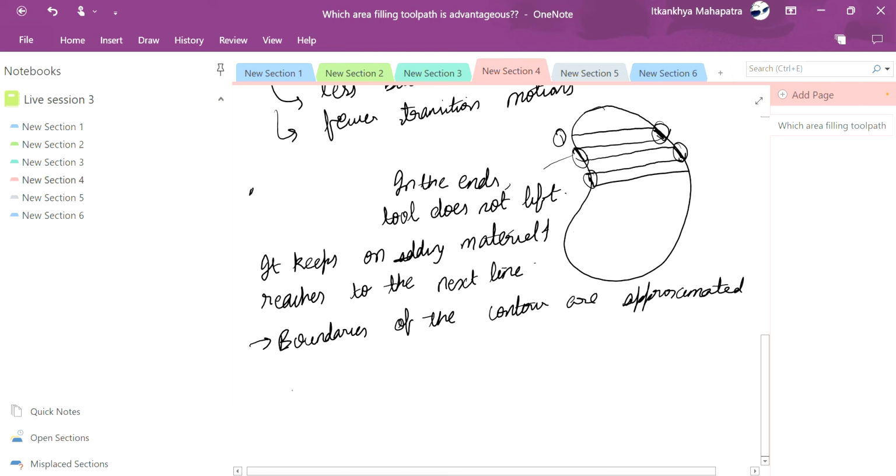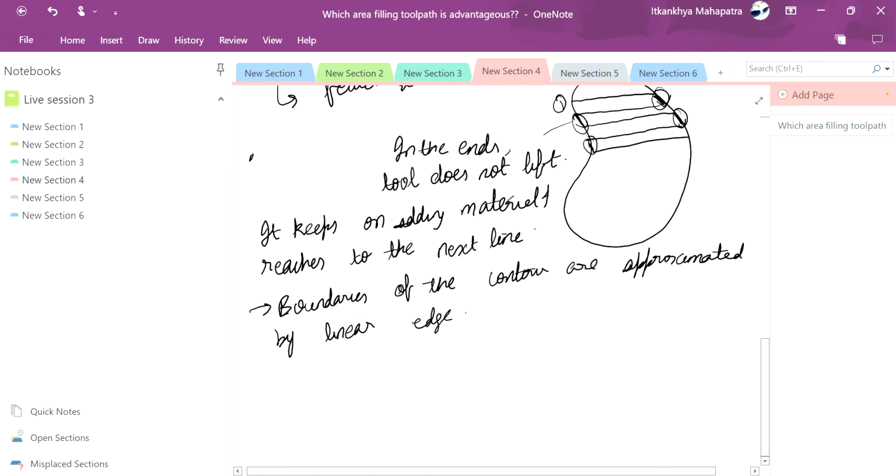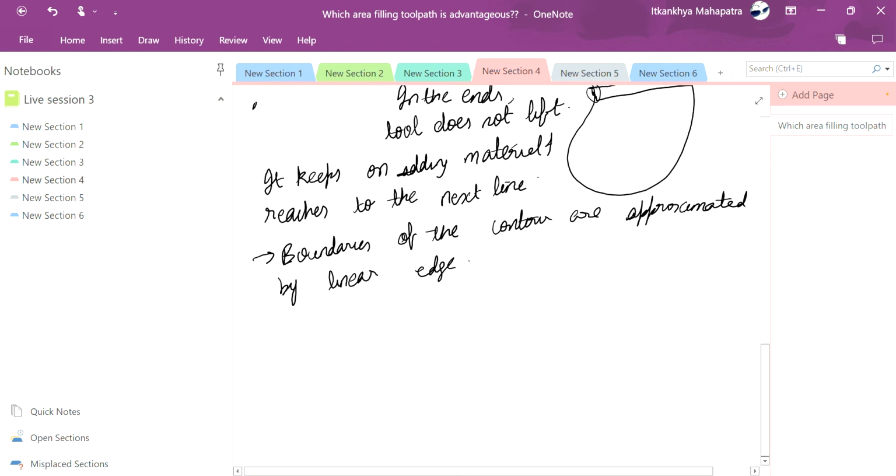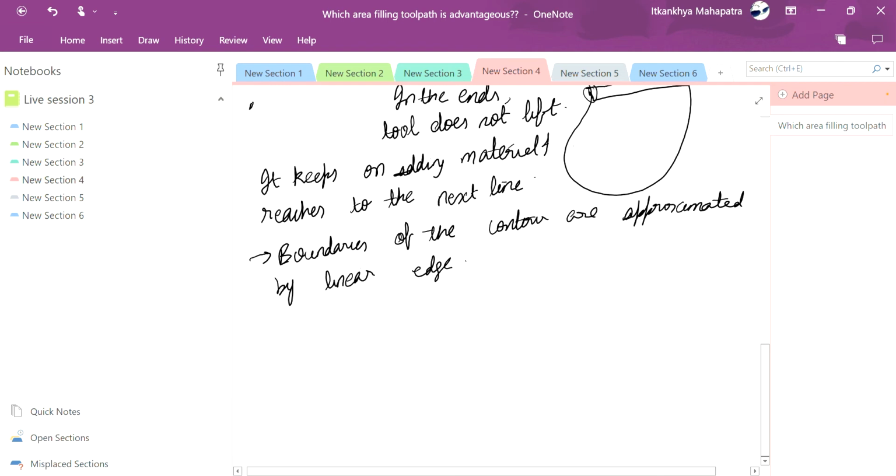So this is the disadvantage of the zigzag path. That is why, as we will see after the contour path, we use the combination of contour and zigzag path.